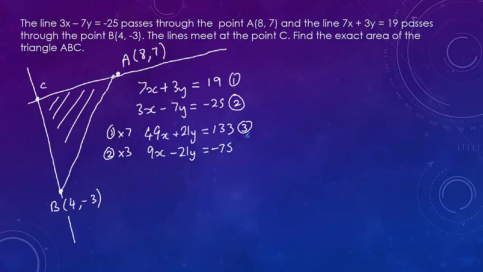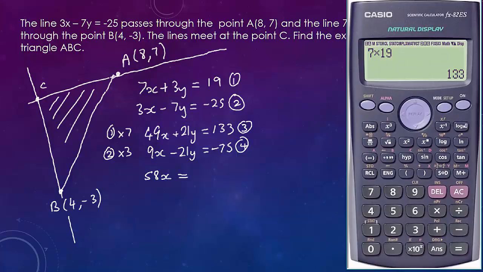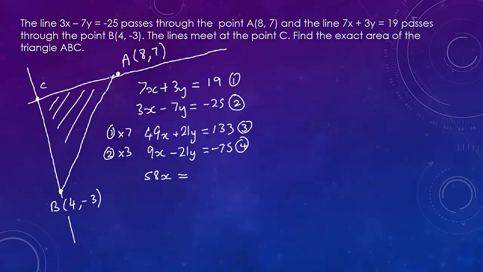Let's call these 3 and 4. And I've got a plus 21y here and minus 21y here, so I can add the two equations. So that's 58x is equal to, and let's just grab the calc again. And if I'm adding those, I've got 133 take away 75, and that gives me 58, which is quite nice.